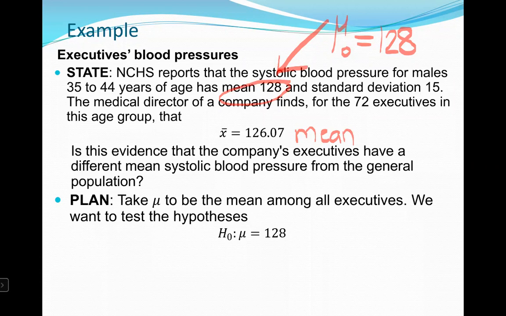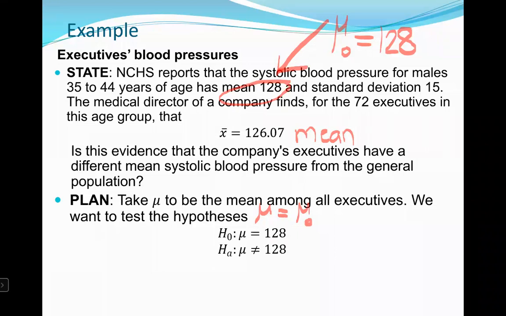NCHS reports the systolic blood pressure for males, that's all males, 35 to 44. So all males are reported to have a blood pressure mean of 128. So our null hypothesis, which you remember looks like mu equal to mu naught, where mu naught is an actual number. Here, mu equals mu naught reads mu equals 128, because mu naught is 128.